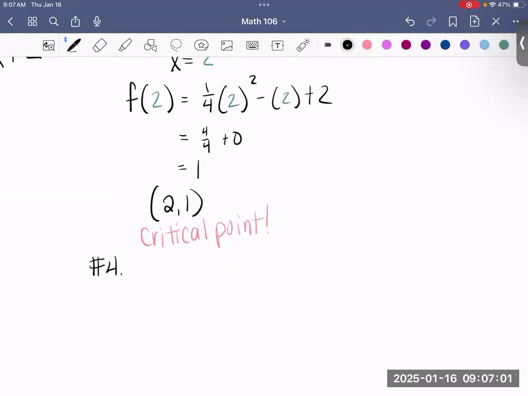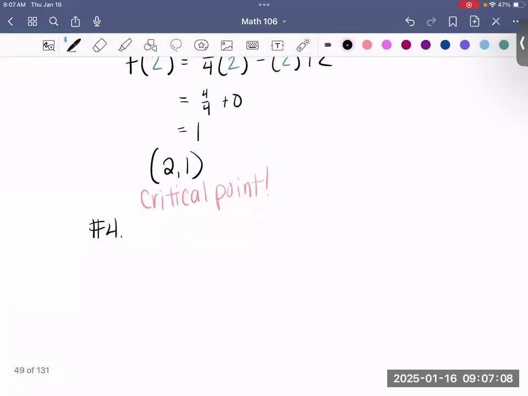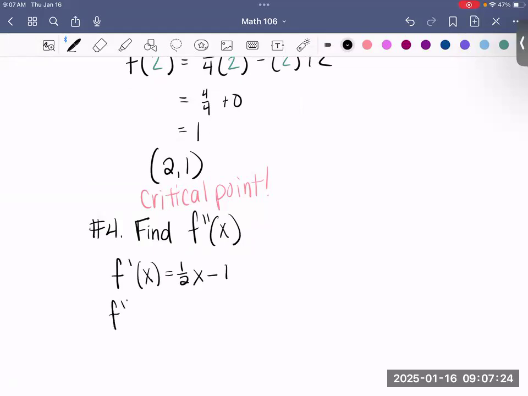So before we plug in your critical value into your second derivative, we must take your second derivative. So first, we find the second derivative. So we take your first derivative, and now let's go ahead and find your second derivative.